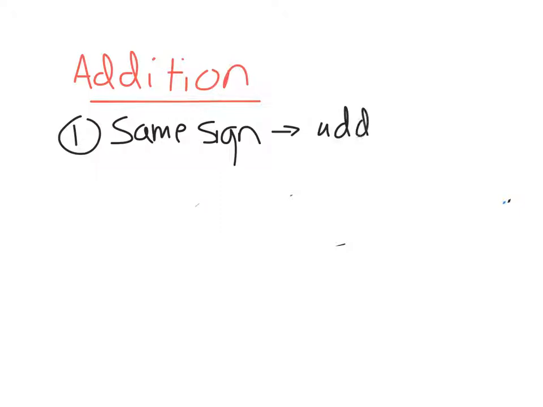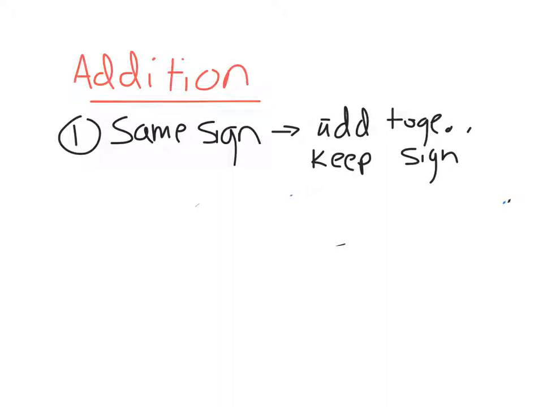So just short and sweet here, I'm going to put add together, and I'll abbreviate that, and then we are just going to keep the sign. So anytime we have two numbers with the same sign, so if they're both positive or if they're both negative, then we would just add them together and keep that sign.